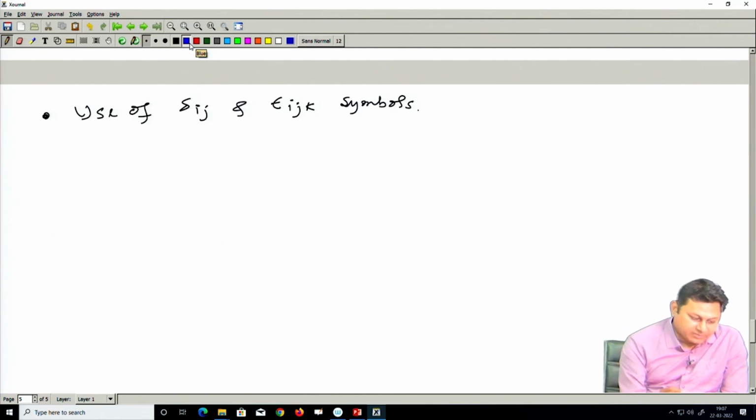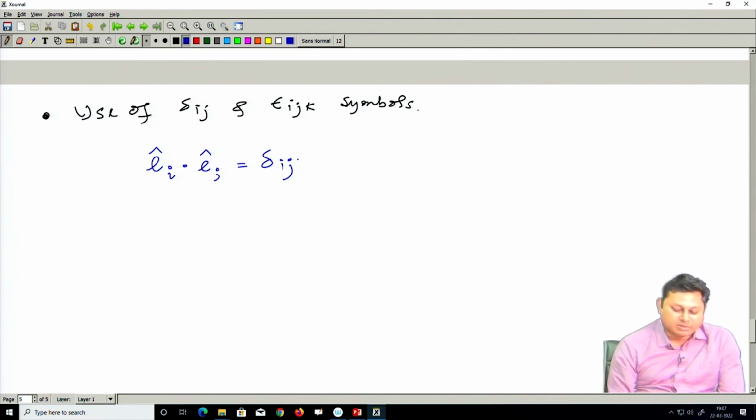So, first, it is already mentioned that for an orthonormal basis, e_i dot e_j, we use this Kronecker delta symbol: e_i dot e_j is delta ij.